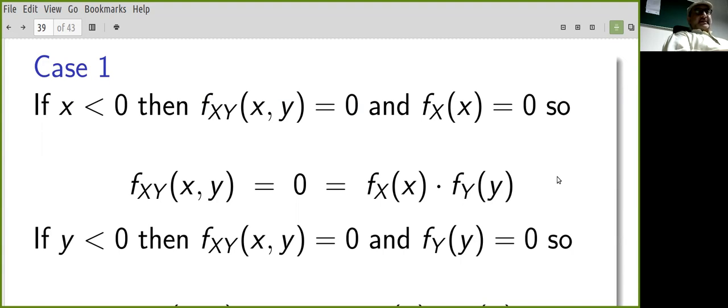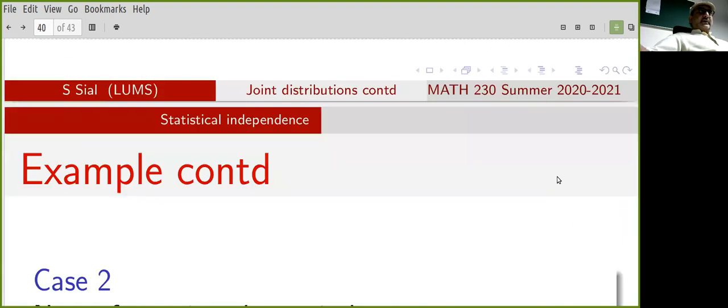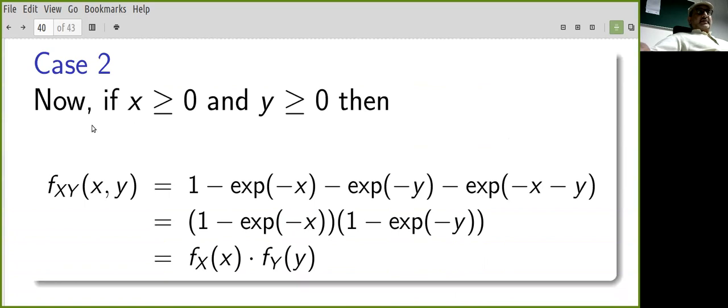If y is less than 0, then the same thing happens. Now the remaining case, when x is non-negative and y is non-negative, we take the form of f sub xy, do a bit of algebra, and find that it is of the form f sub x of x times f sub y of y.